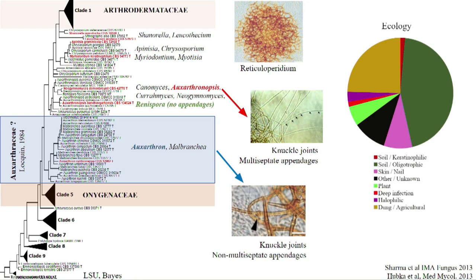And the ecology of this group showed they are represented by almost all kinds of groups that we classify. Here you can see only insect or pollen related isolates are not there. And we have a total of 4 plant-based isolates, and 3 of them are in this group.